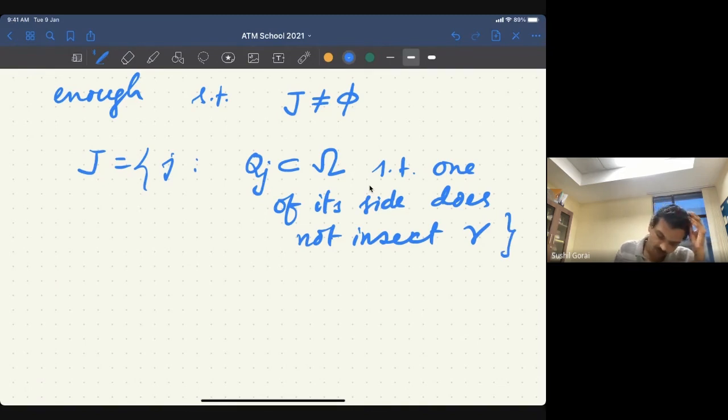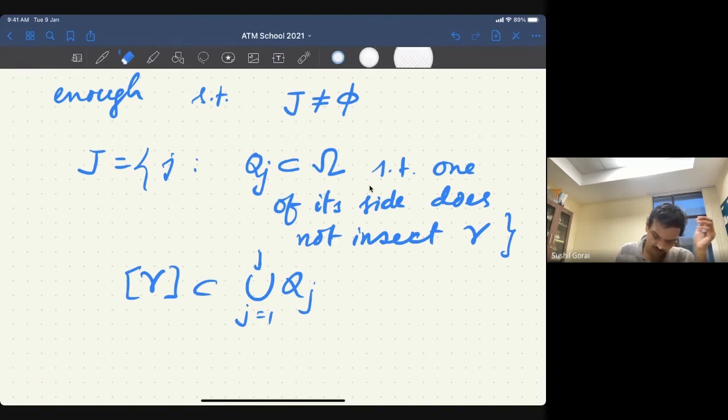Or the smallest set of rectangles such that gamma lies in the union of Qj, j from 1 to J, where J is capital J.